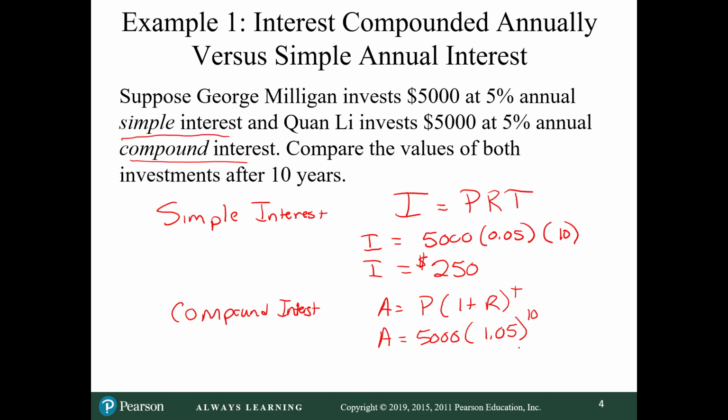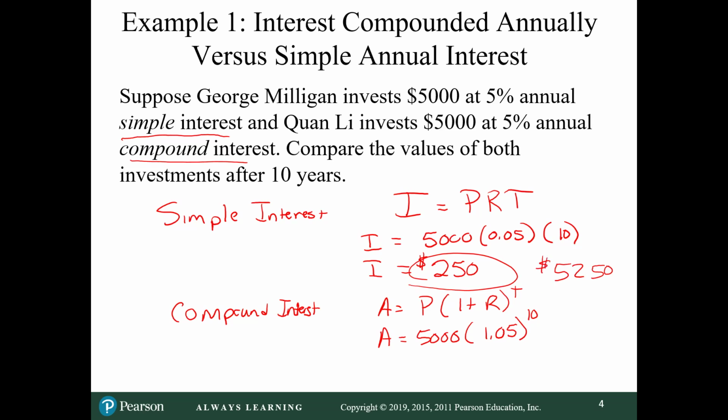Your interest rate over the 10 years is really small, and 1.05 to the 10th power is small, but you're taking the interest every single year. So after the first year, you're adding that interest in. Here, the interest is just added on at the end, so you have $5,250 is what you end up with.